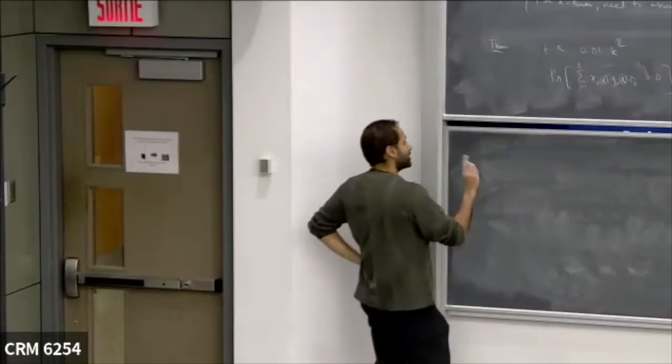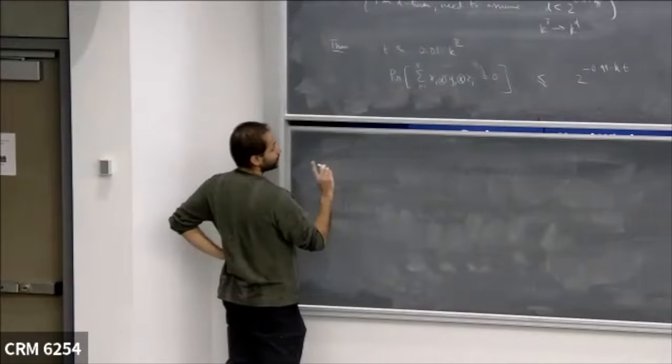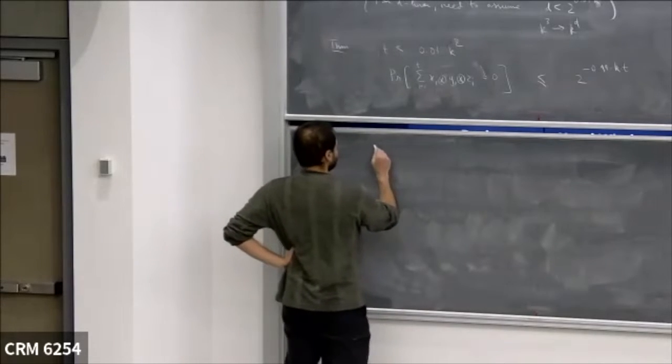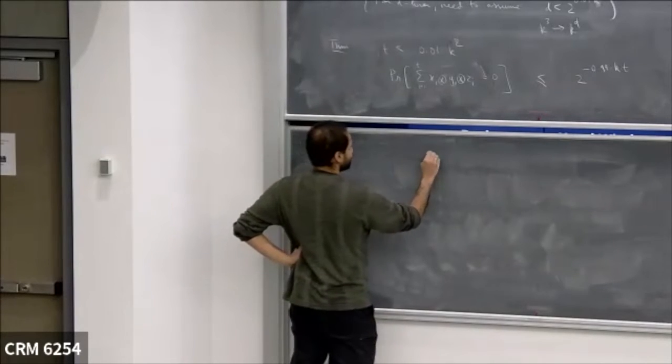So we have a subspace U, a linear subspace U of matrices. How do you even think about these?